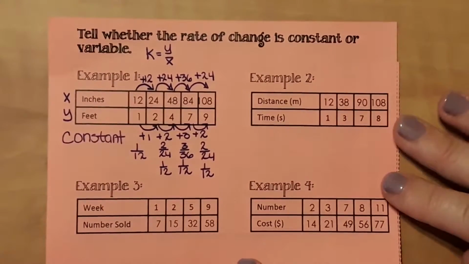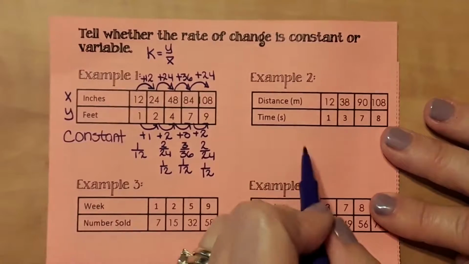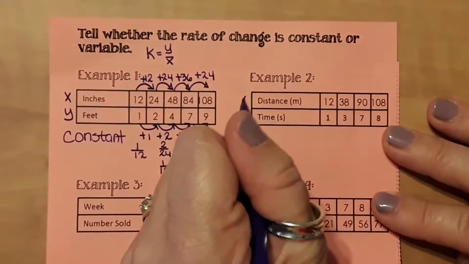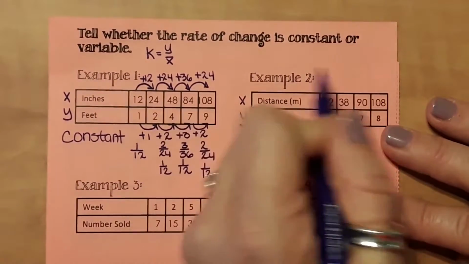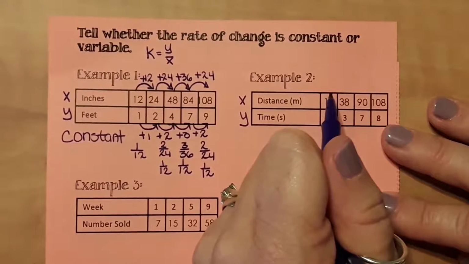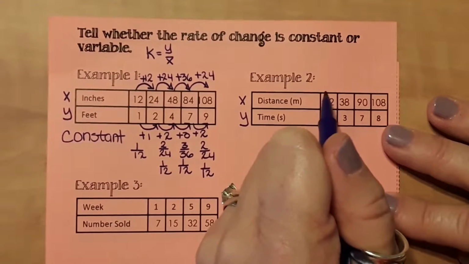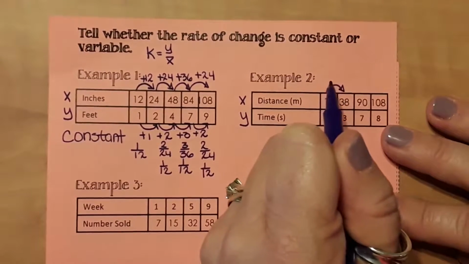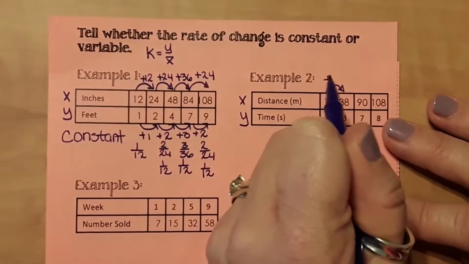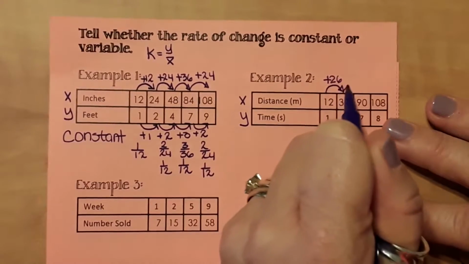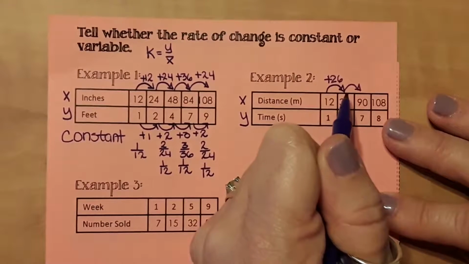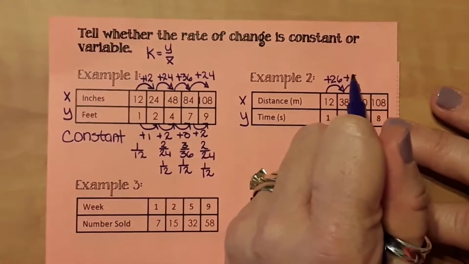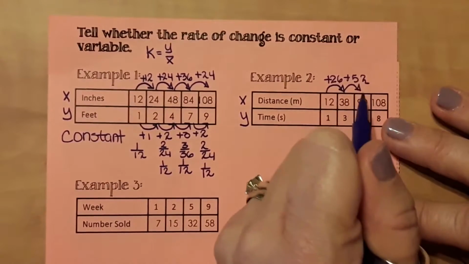All right, let's look at example 2, where we're talking about distance in miles and time. Again, our x and our y. We're going to see how much we jump up or down. From 12 to 38, we are going up a positive 26. From 38 to 90, we're going up a positive 52.